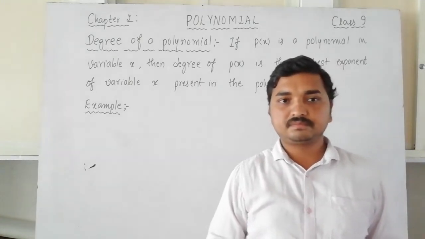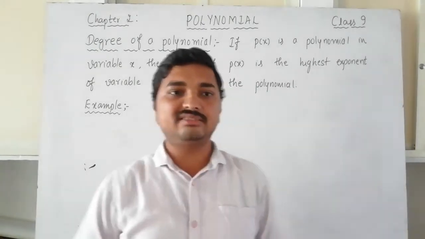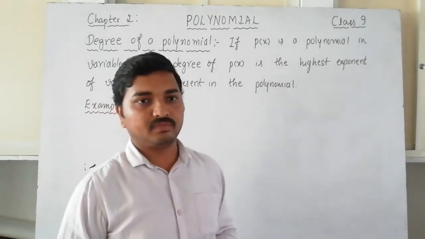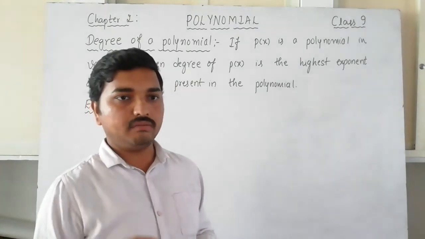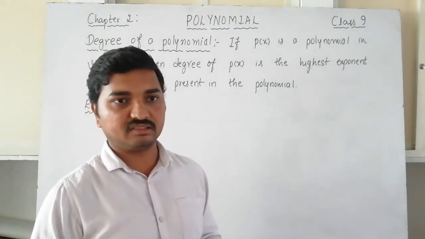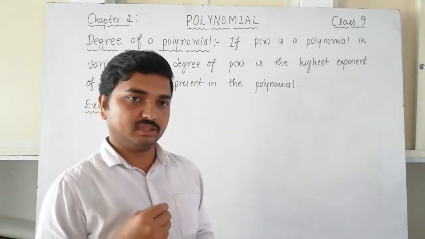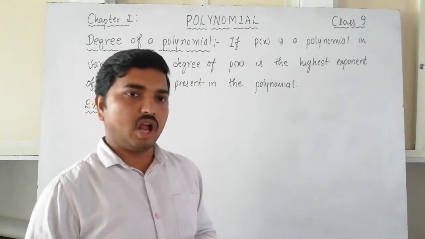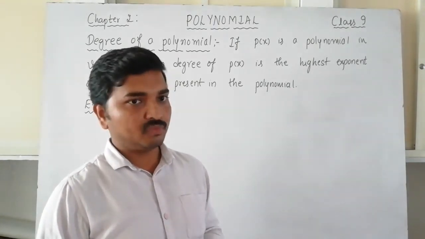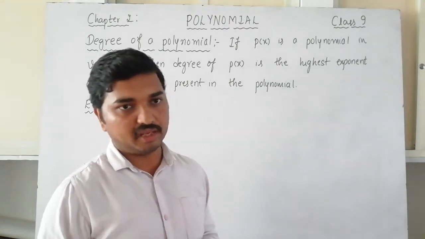After that, I defined one more term for you, that is coefficient: coefficient of x power n, where n may be anything. Coefficient of x, coefficient of x square, coefficient of x power 3, like that. And I also told you what the constant term means.